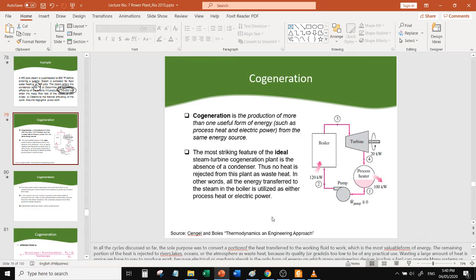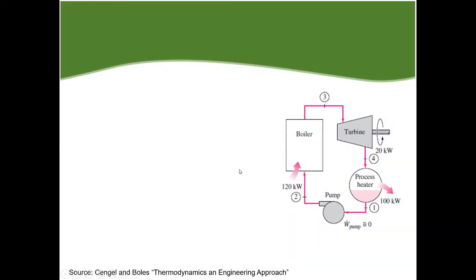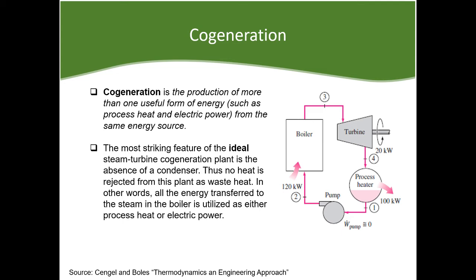For this video, we will continue with power plants lecture. The next topic is cogeneration. So usually when we say power plants, di ba, ang products natin ay electric power.